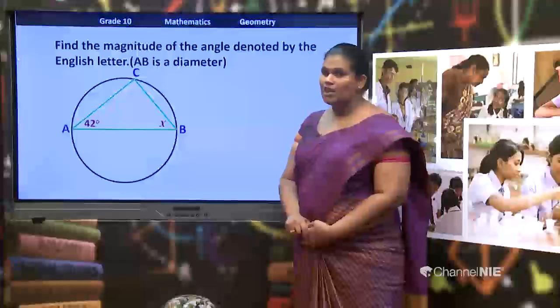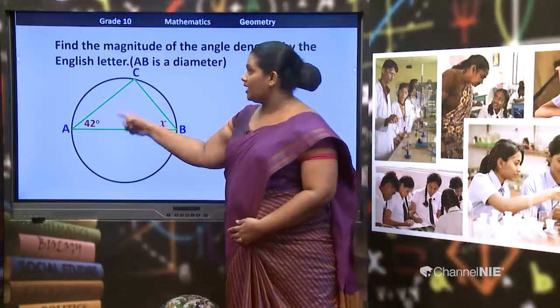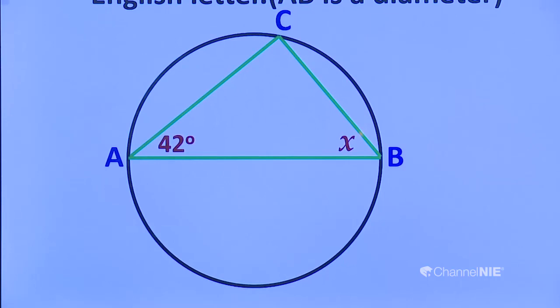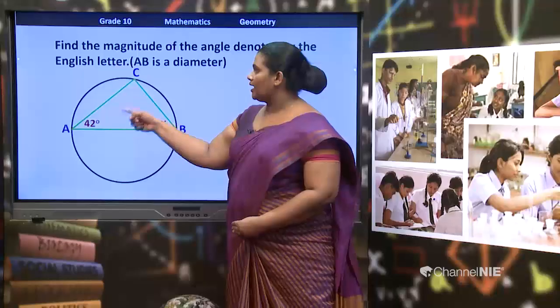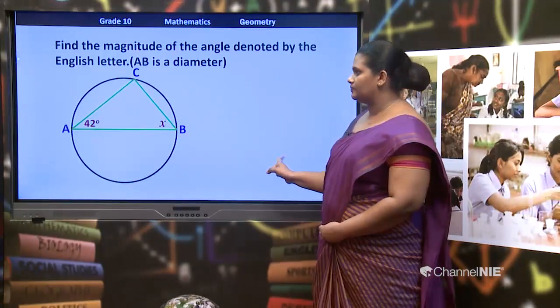Using the theorem we have learnt right now, we can say angle ACB is an angle on a semicircle because AB is a diameter in this circle. So, we know that the magnitude of the angle in a semicircle is 90 degrees. Therefore, angle ACB is equal to 90 degrees.